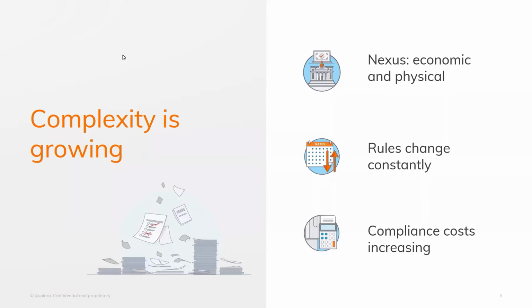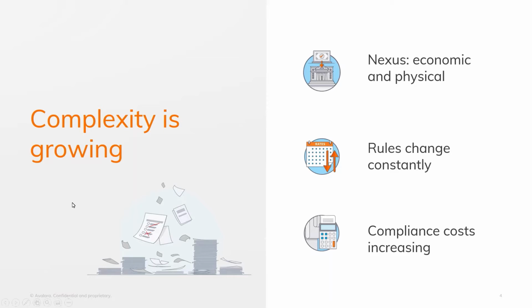And then we also have seen the introduction of economic nexus through the Wayfair ruling in 2018. Those two factors come up a lot on calls with my customers, so I'm going to talk more about that as we progress through this today. Also, the rules around those two pieces are constantly changing, especially now that we're in a post-pandemic world.